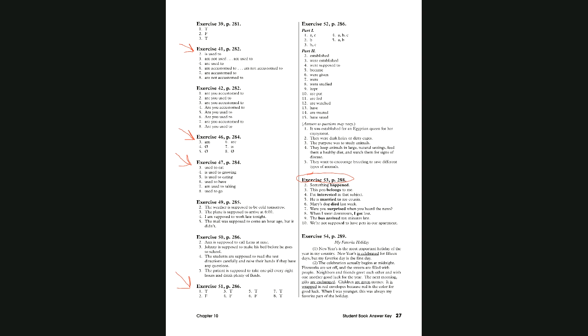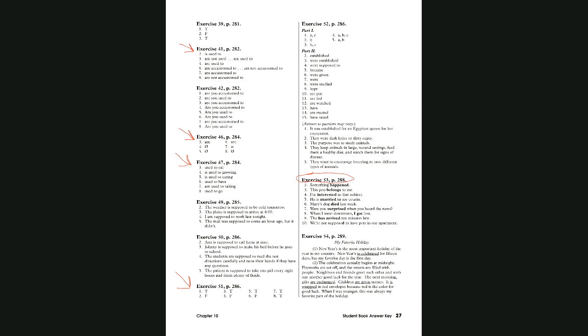Number 10, we're not supposed to have pets in our apartment. So we need to add that D, supposed. But when we say it, it sounds like just supposed to. Remember, we talked about pronunciation. We don't hear the D sound, but when we spell it, we need to put the D there. Okay, good job, guys.